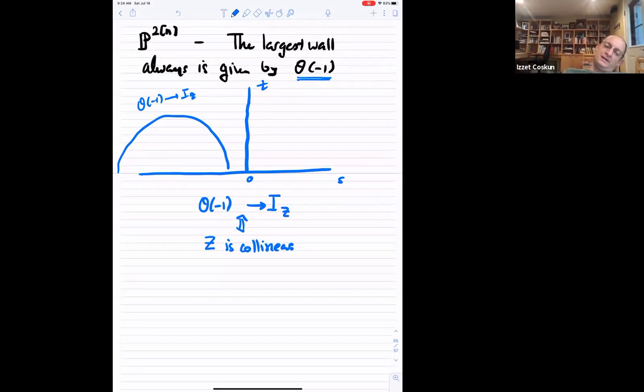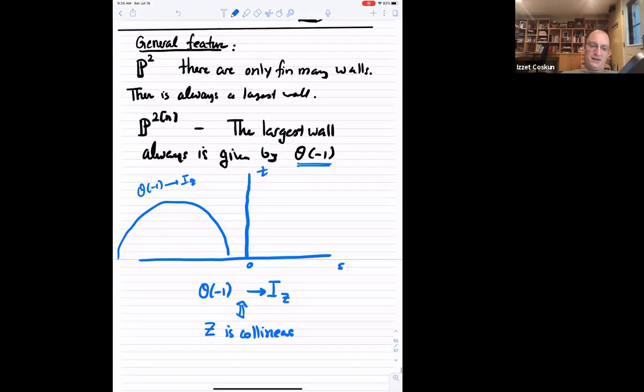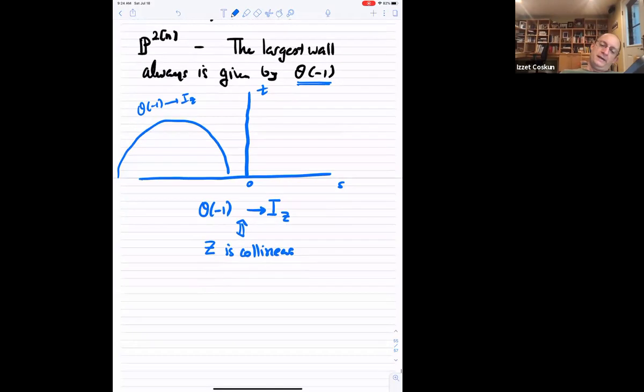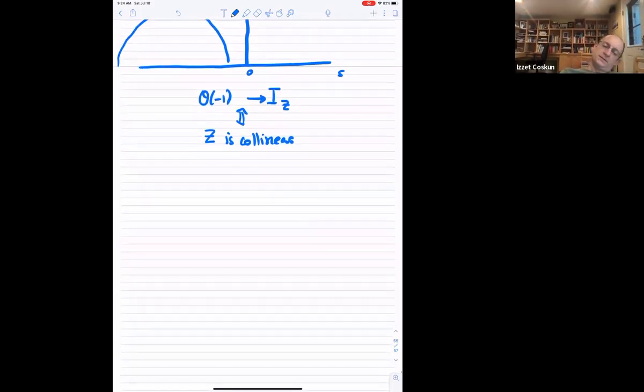I should have said one more thing in terms of the general features, and this has nothing to do with P2. You have this largest wall.